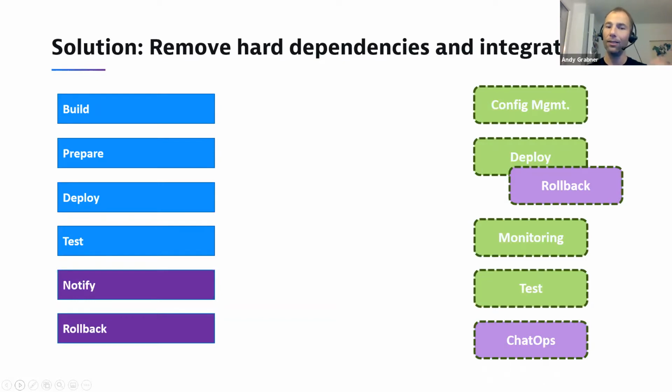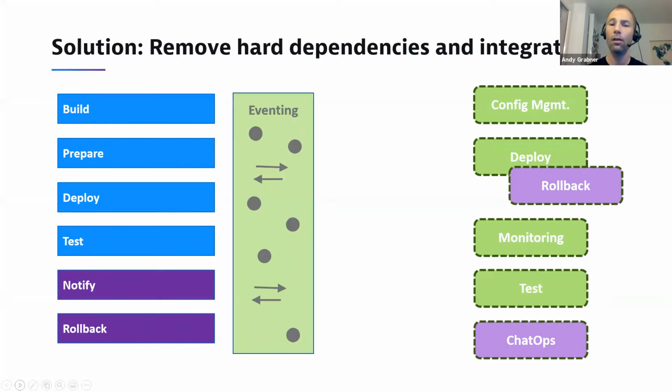And in order to connect these, just as when we rip monolithic architectures into services, we need something that triggers the right services at the right time to execute an end-to-end business process. In our case, it's a delivery process, and we're using eventing to connect them with the tools, the capabilities that can do an individual job.